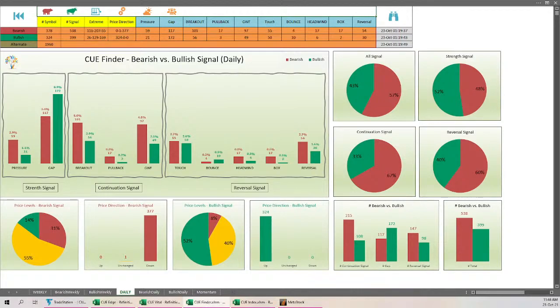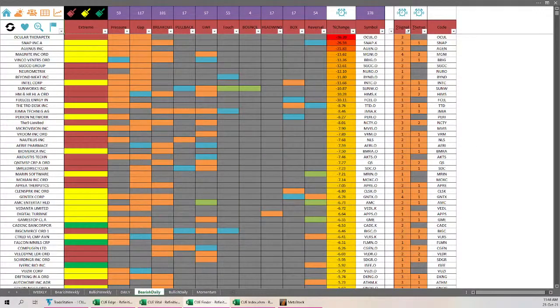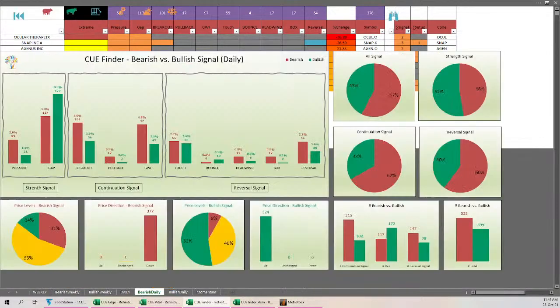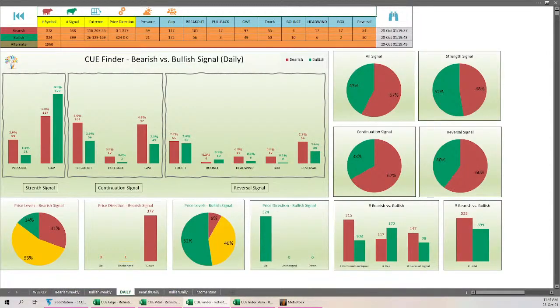Let's see if we can shortly list some bearish candidates. So let's go to the bearish setups. Okay, let me go back to home. What I mentioned earlier, that trend continuation is reasonably bearish, 67% bearish.